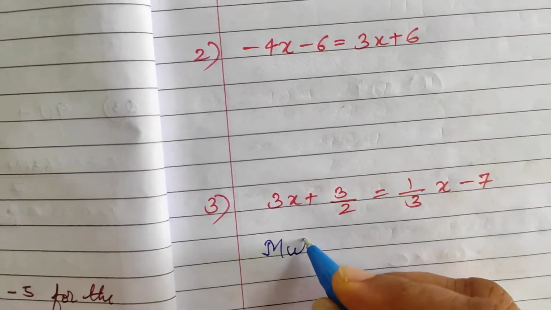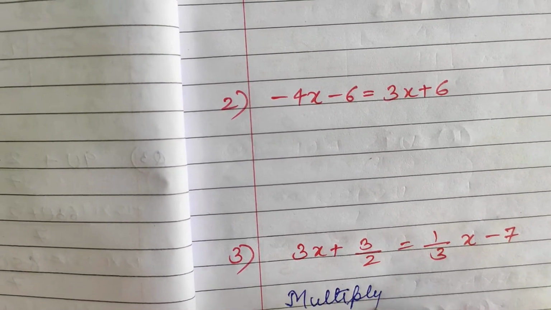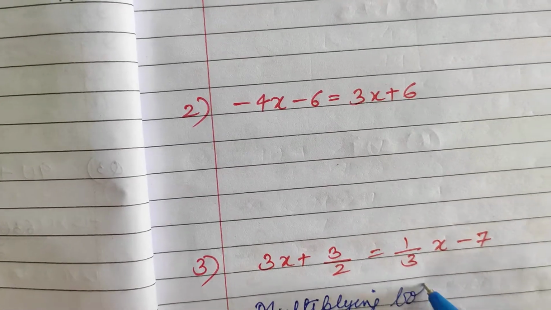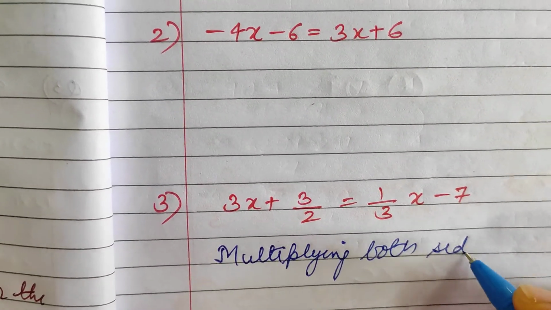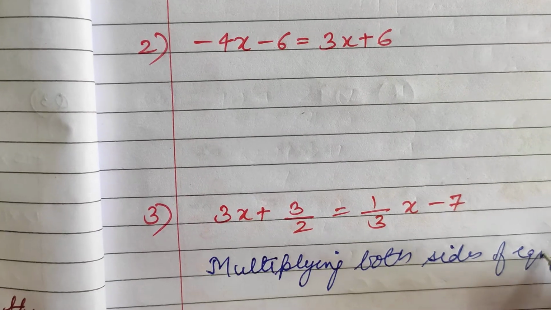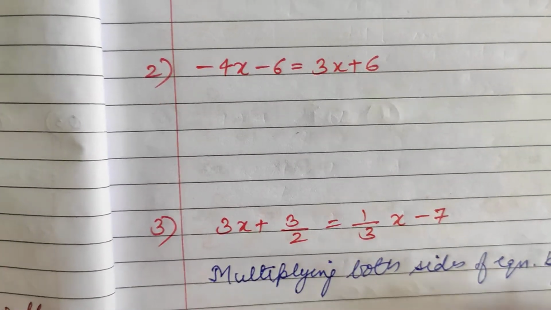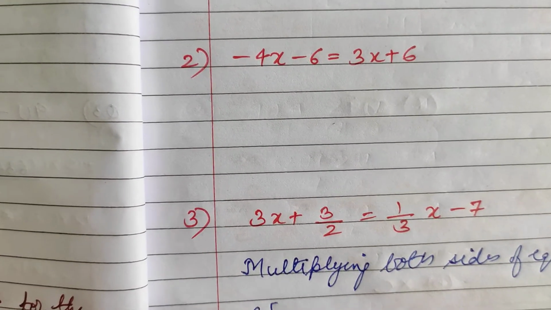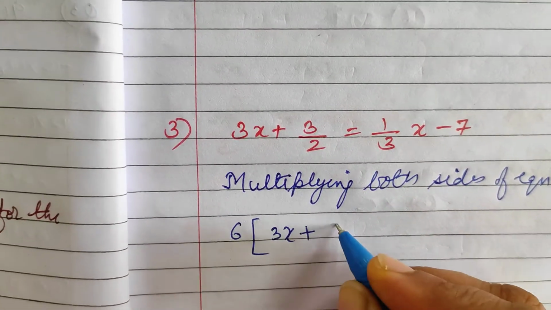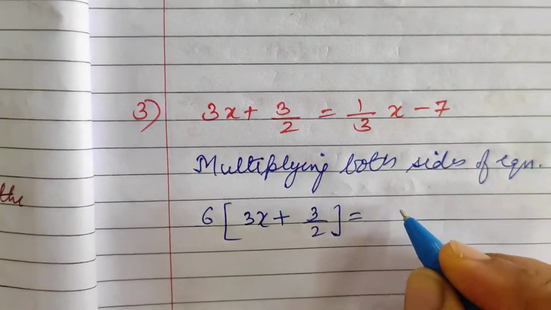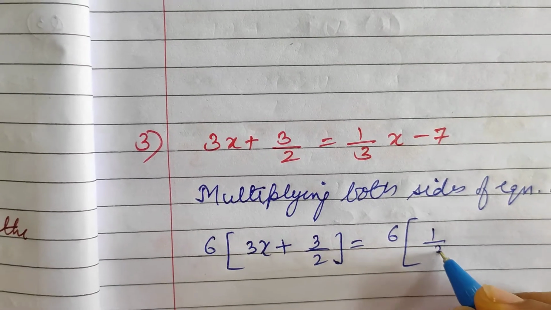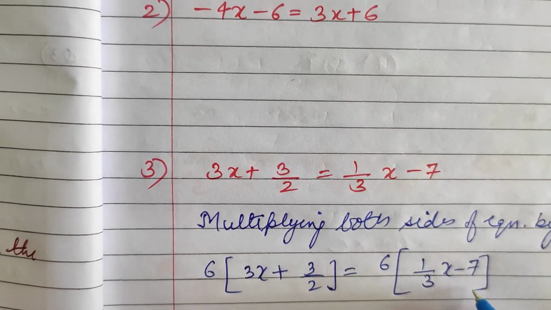Writing: multiplying both sides of the equation by 6. It will become 6 into 3x plus 3 by 2, equal to 6 into 1 by 3x minus 7.